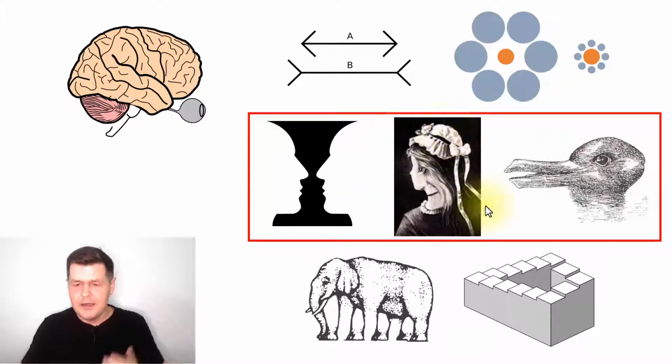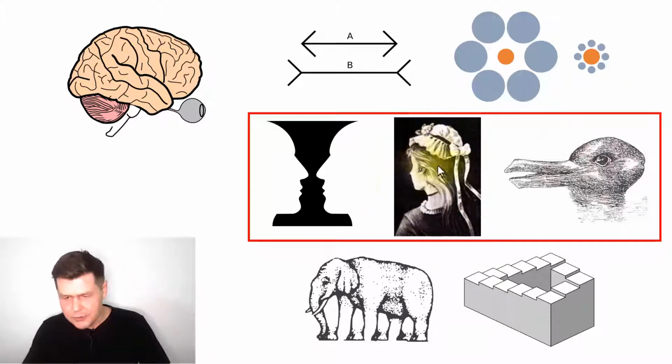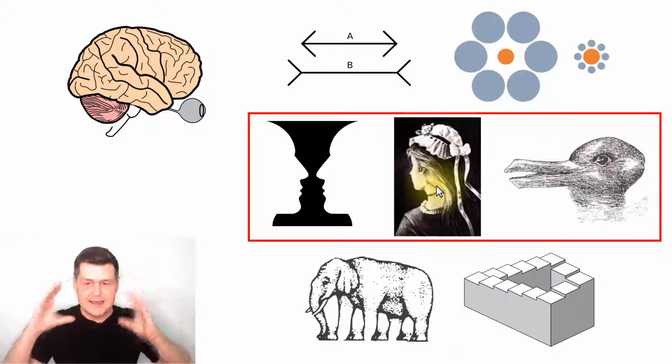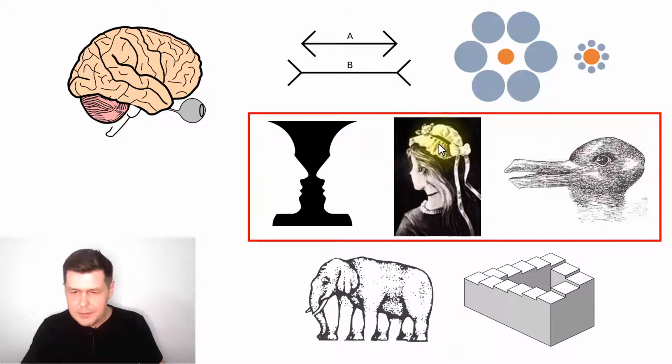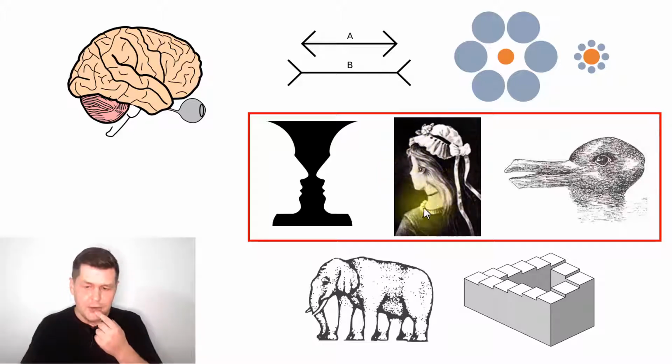And then this one, depending on how we look at this drawing, it can look like a young woman, or it can look like an old woman. So this part looks like the head of a young woman, but this part looks like the head of an old woman. So this would be the old woman's nose, and this would be the old woman's mouth, and this would be the old woman's chin.